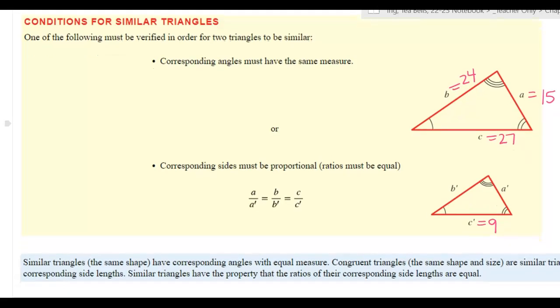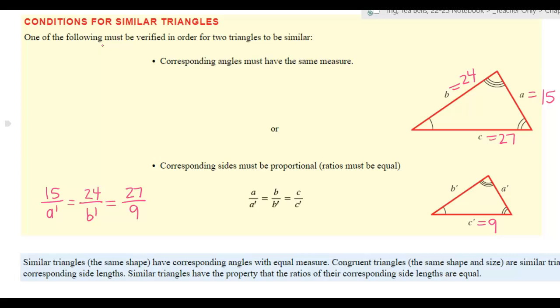Okay, going off this equation that we have here, we can set up these ratios to find the missing side. So we know that A is 15. We don't know A prime. B is 24. We don't know B prime. C is 27 and C prime is 9.